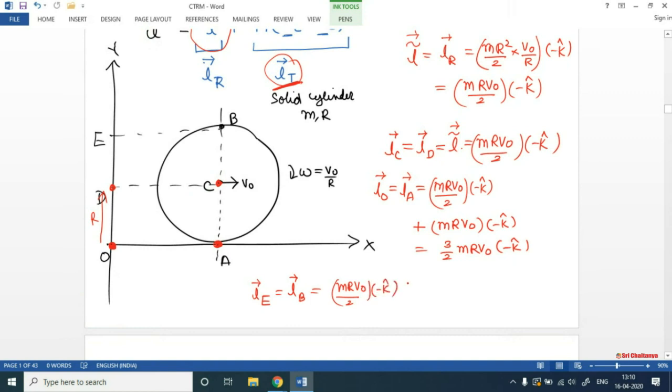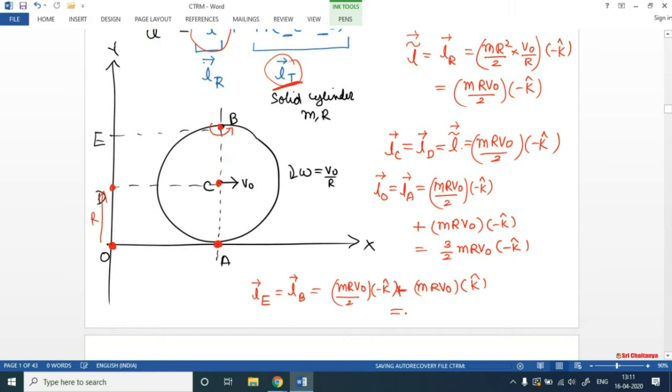Okay, and the translational form over here, like about point B, you can see the magnitude would be simply mr v naught, only the magnitude of angular momentum, and it is undergoing anti-clockwise rotation over here about this point P. So anti-clockwise means it would have a direction of k cap.